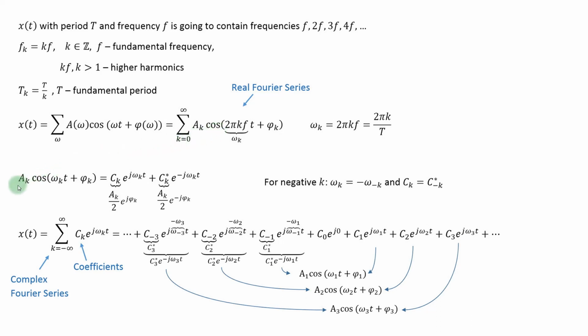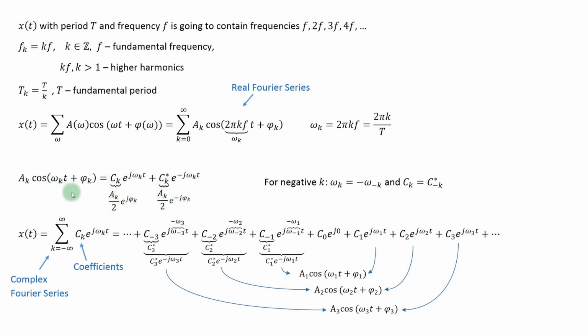So I need to take these cosines, these pure tones, and write them as complex exponentials. That is what we did in lecture 1, and there I showed you that you can take this cosine and write it using two complex exponentials like this. The amplitude and the phase of this cosine will come to this complex amplitude and this complex amplitude like this and this.